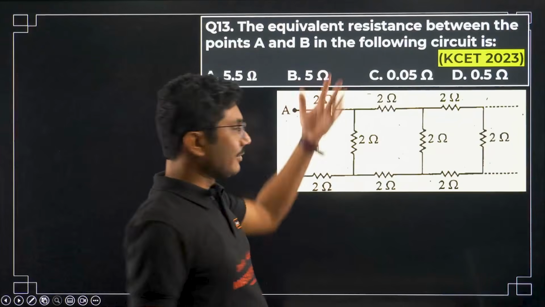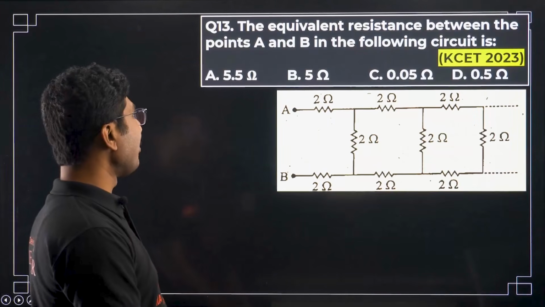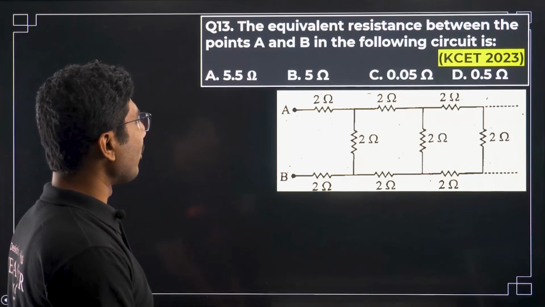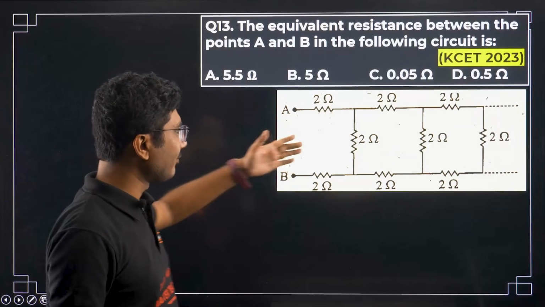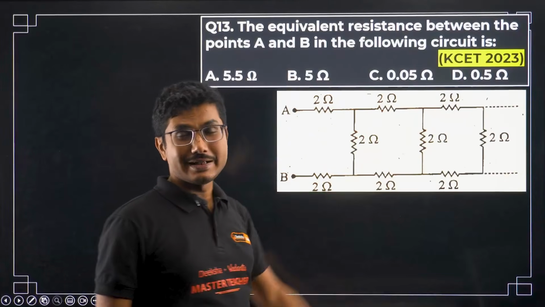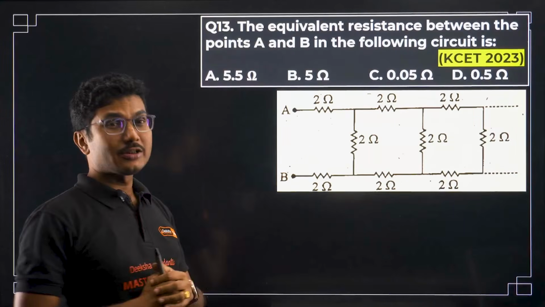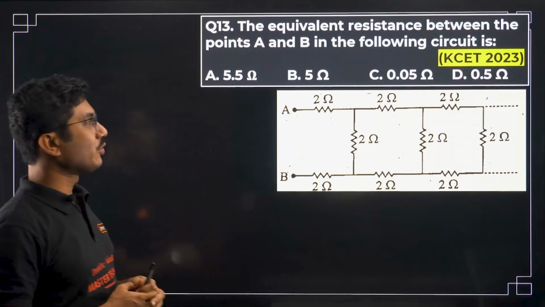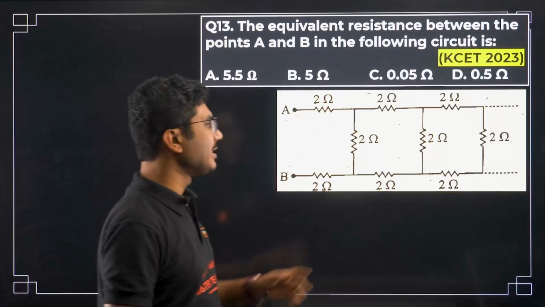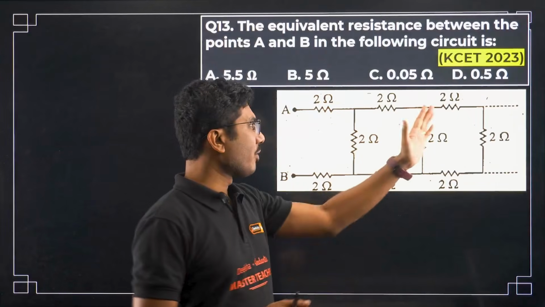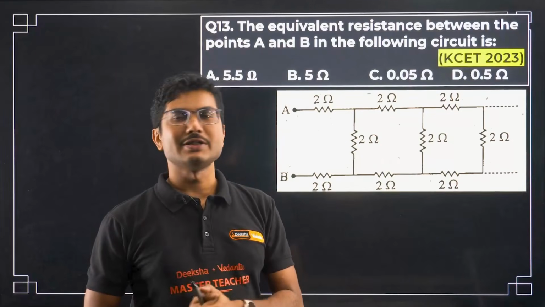Now this is the KCET 2023 question. The equivalent resistance between points A and B in the following circuit. This type of circuit is called an infinite circuit. In an infinite circuit, if you remove one or two resistances from the front part, the total equivalent resistance does not change.